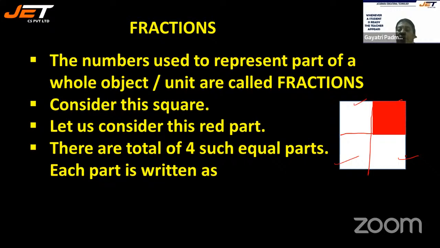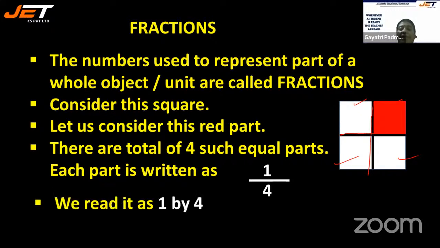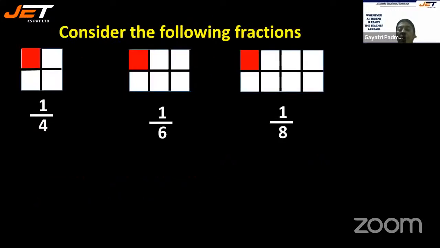So there are 4 equal parts in this. In fraction, you can represent this as 1 upon 4 or 1 by 4. We read it as 1 by 4 or 1 upon 4.